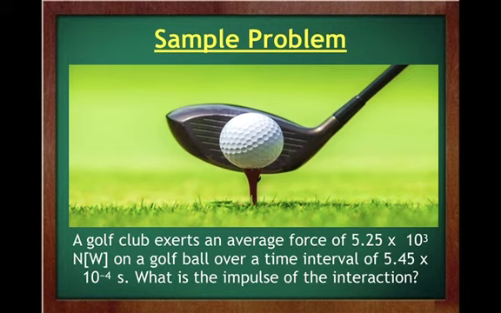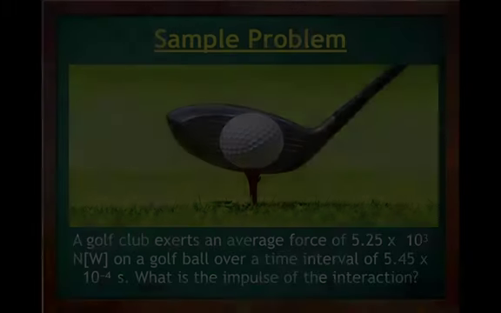So again, a quick little sample problem for calculating impulse. A golf club exerts an average force of 5.25 times 10 cubed newtons in the direction of west on a golf ball over a time interval of 5.45 times 10 to the minus 4 seconds. What is the impulse of that interaction? Sorry, that spacing just did not work out well. So we can do that one.